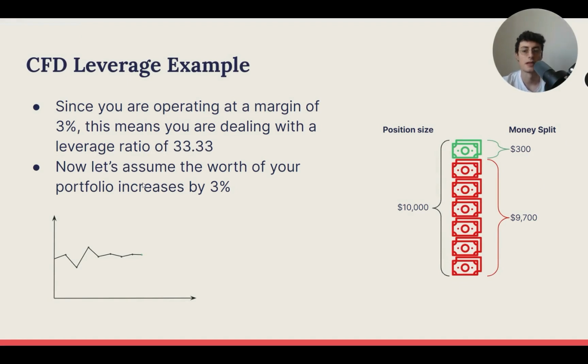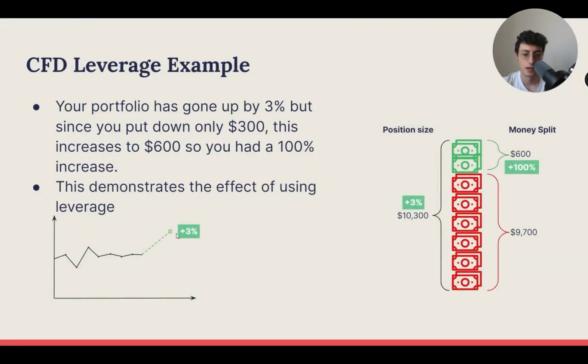Now let's assume the worth of your portfolio increases by 3%. This is the graph of a particular stock X, and it increases by 3%. With this 3% increase, your entire position increases by 3%, so it goes up by a total of $300.